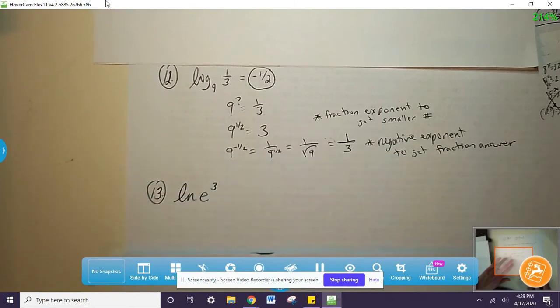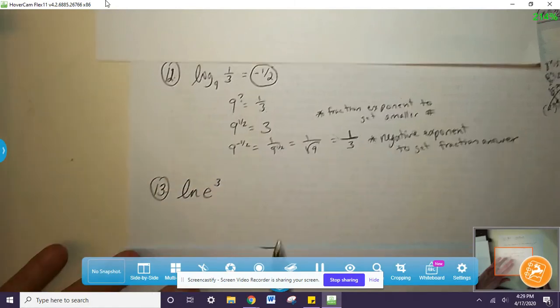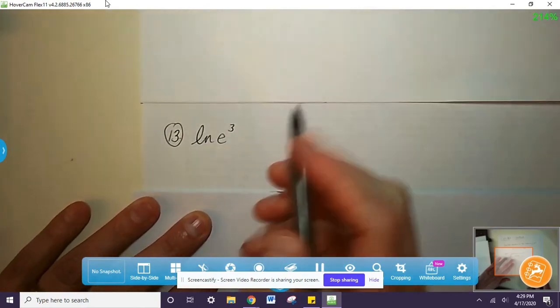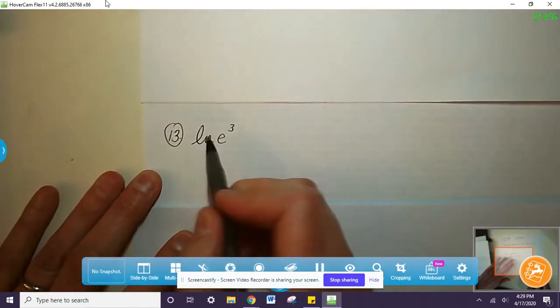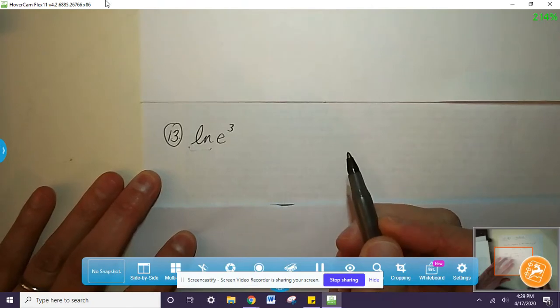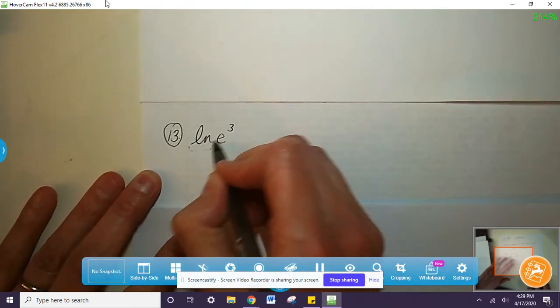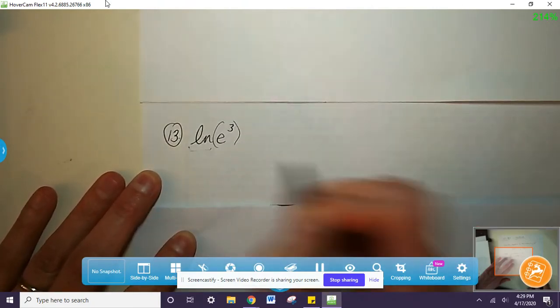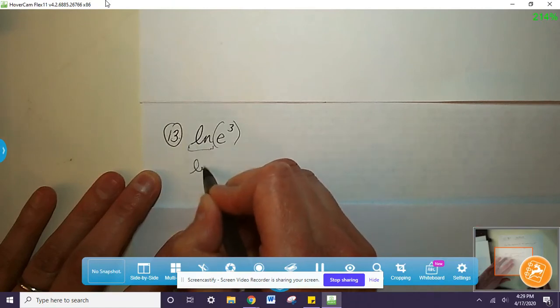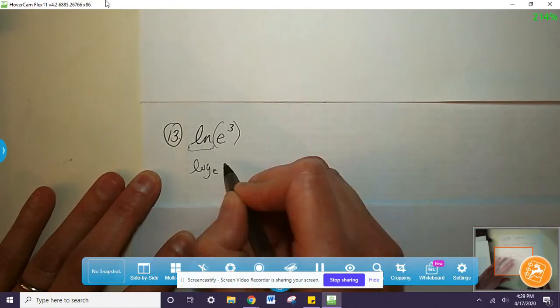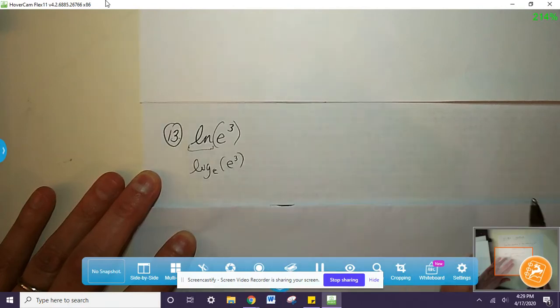Next one is natural log of e to the third. For natural log of e to the third, we start by replacing ln with log base e. So this is natural log, and what's inside of it is e to the third. We replace ln with log base e, and e to the third is still inside.